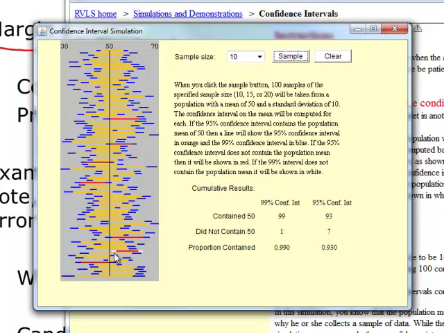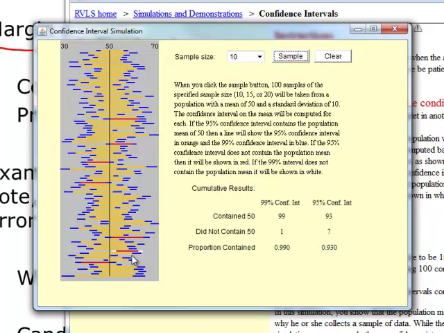So you can see there are a couple here that were wrong. The ones in red are 95% confidence intervals that were wrong. The white one right here indicates a 99% confidence interval that was wrong. So even though we say we're 99% confident, this researcher was still wrong.